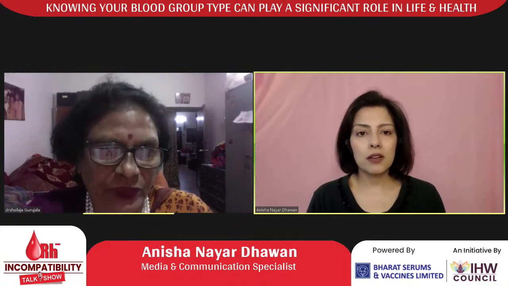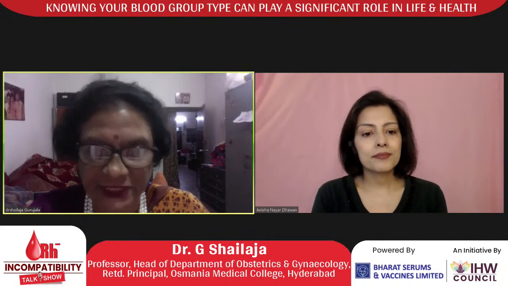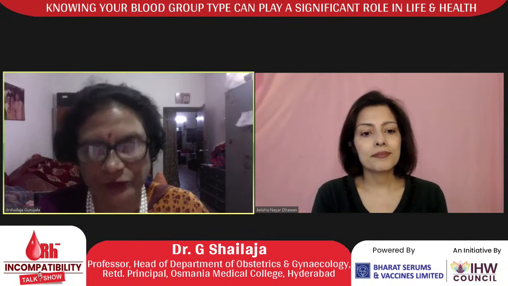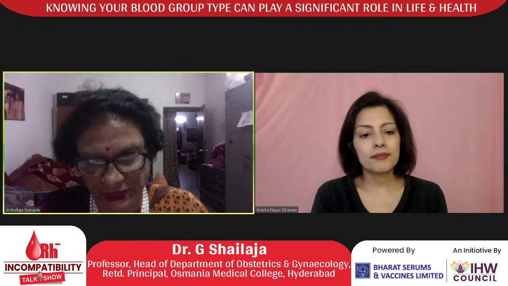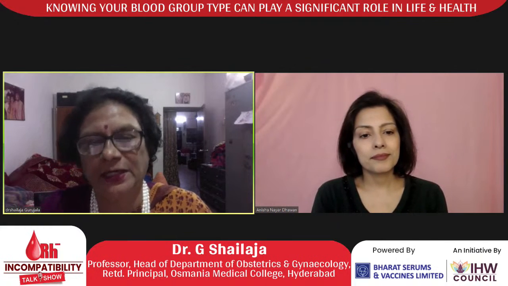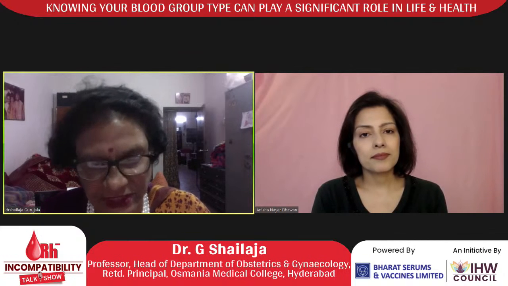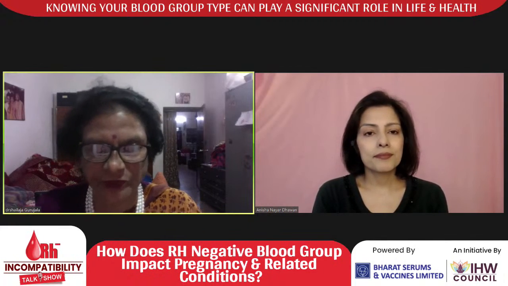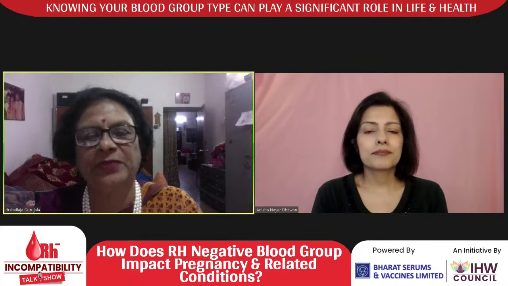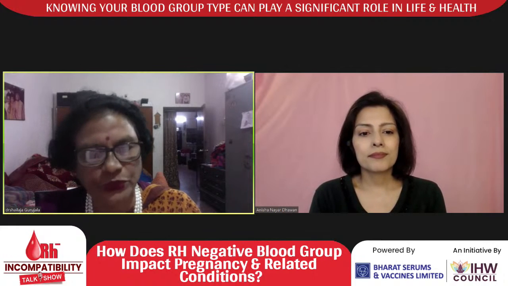When the mother is RH negative and carrying the baby for the first time, it is called the primary sensitization. Supposing she is negative, the husband is positive, and the baby is RH positive. All of us know that the mother supplies blood to the baby, and the nutrition goes through the blood.